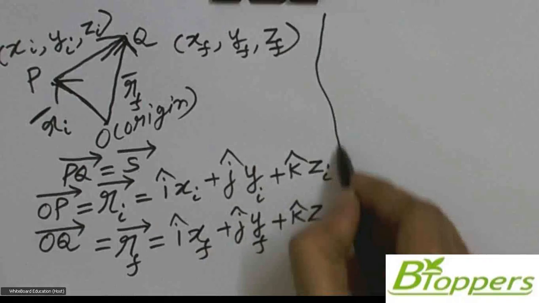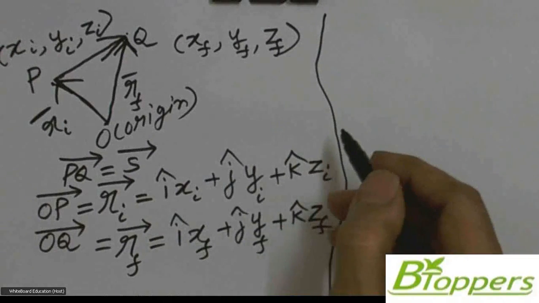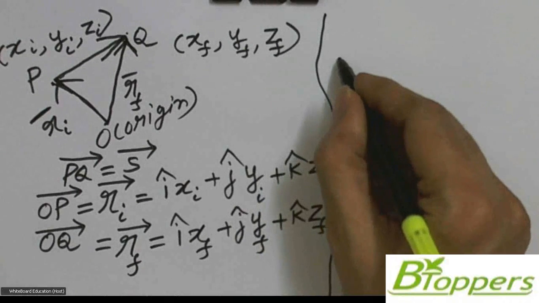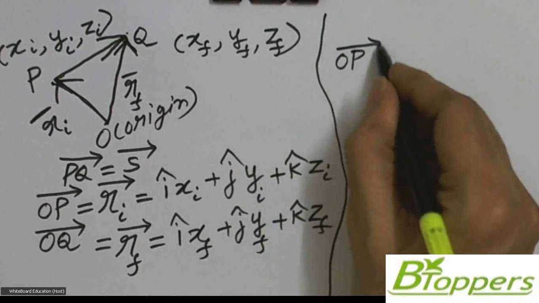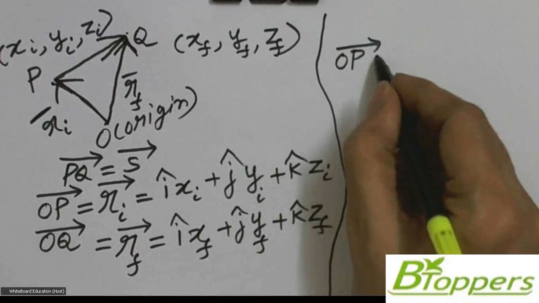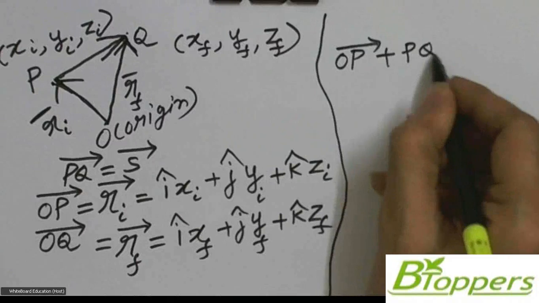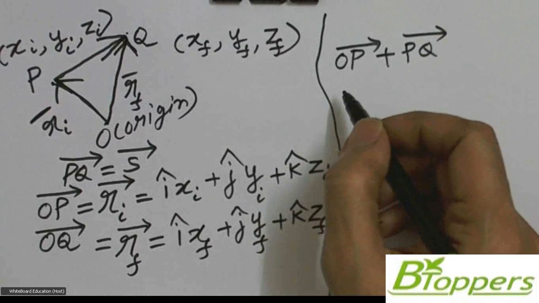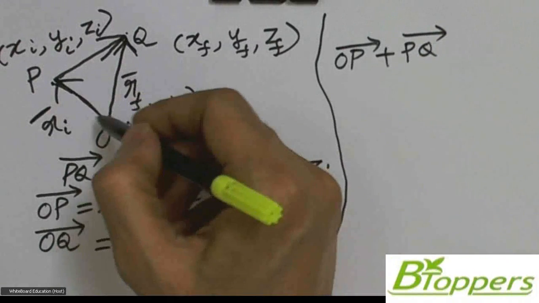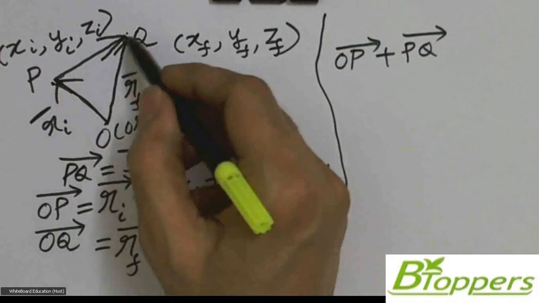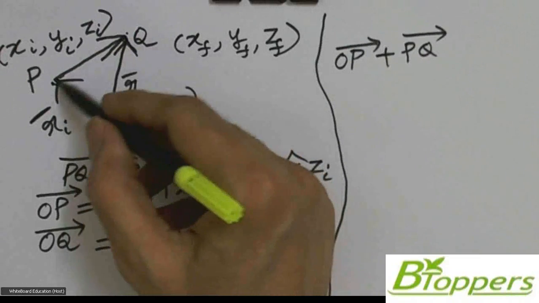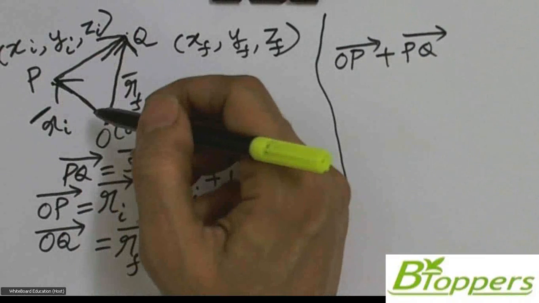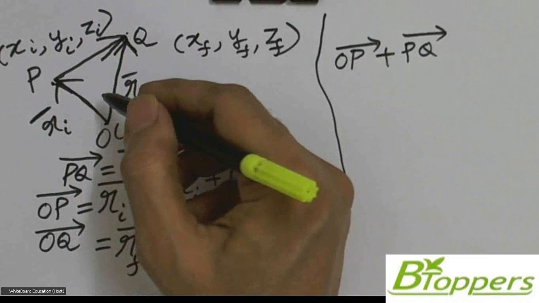So in the given figure, the figure I have drawn on the left side, from triangle law of vector addition, you can write vector OP bar plus PQ bar. You can observe in the diagram that the head of the vector OP bar is attached to the tail of the vector PQ bar. So the two vectors OP bar and PQ bar are in the same order.